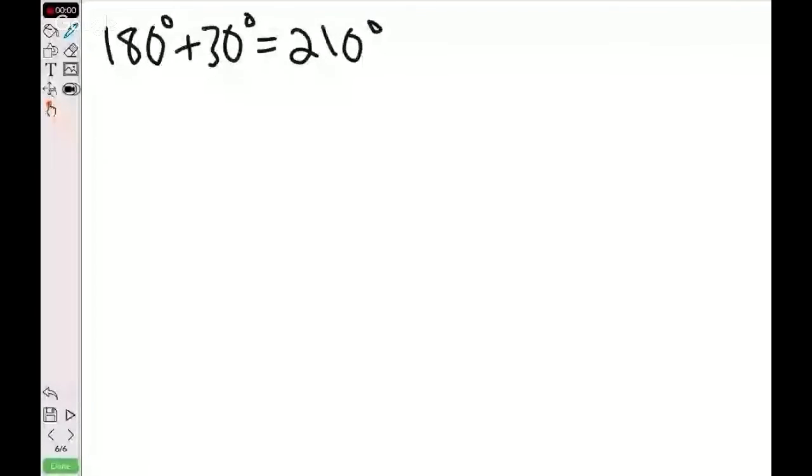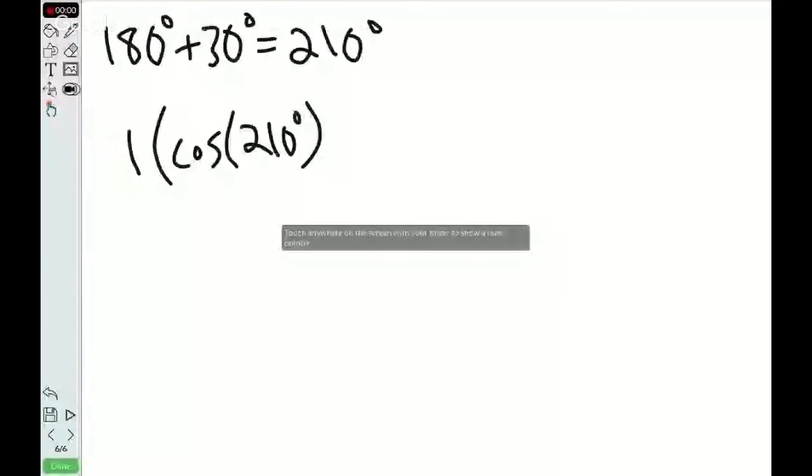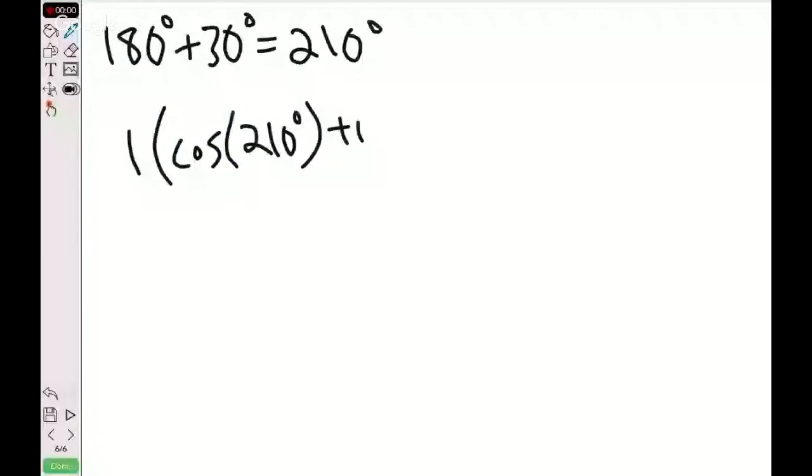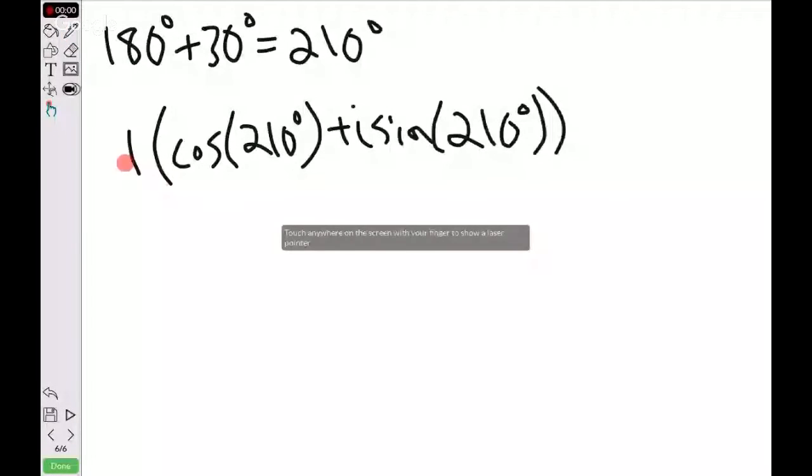210. So in the end, my answer would be 1 cosine of 210, 1 because that was my R value that I found, plus i sine of 210. Now, because this is 1, I don't necessarily have to have the 1 there. Sometimes it's root 2, sometimes it's 4, but you can just leave it like that if you want.